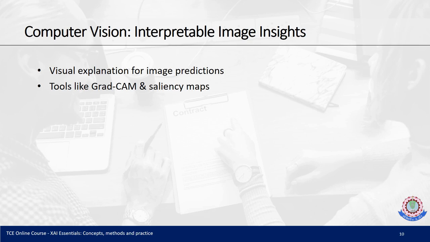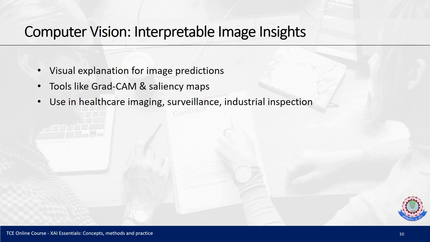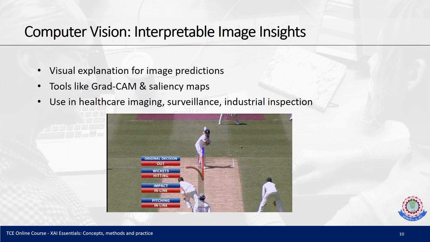And one of the most interesting examples, if you all like cricket, then I will go with this cricket example as well. Here you can see this ball prediction. What if we don't know how the prediction occurs, we just know that the ball is there, and the ball is hitting here, and then it is hitting this one.